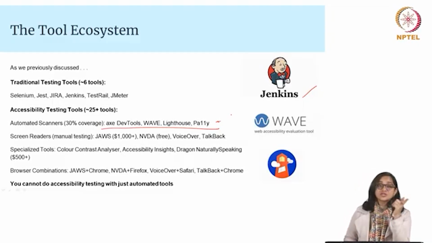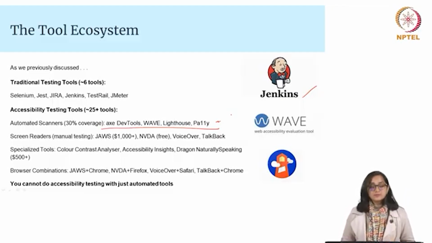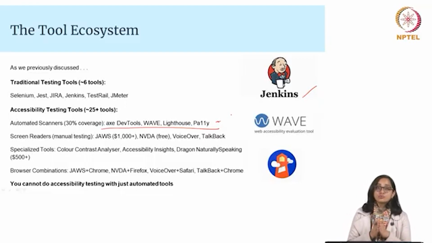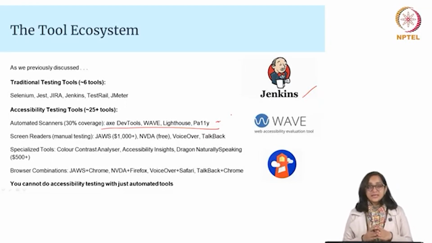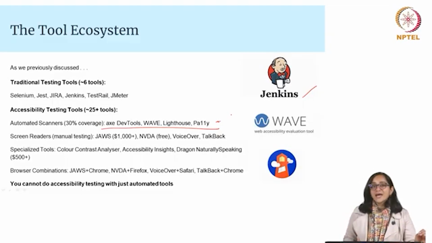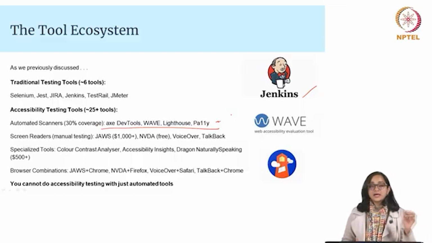Then there can be specialized tools, particularly for color analysis, accessibility insights, etc. Then you may also want to test different browser combinations, along with different screen reader products and software, right? So basically you cannot achieve an accessible product with just automated tools. That is what we are talking about.